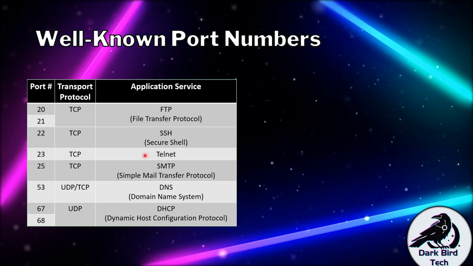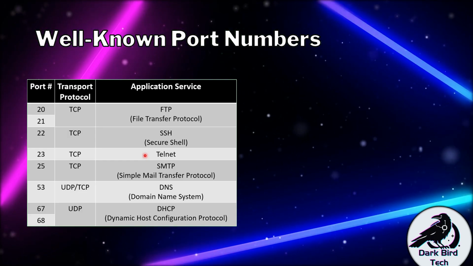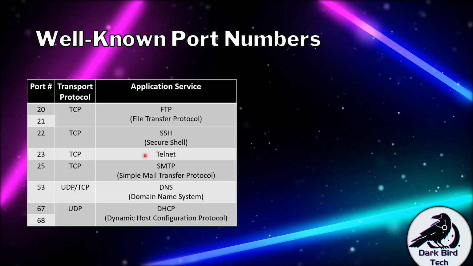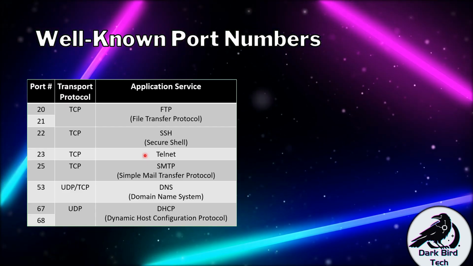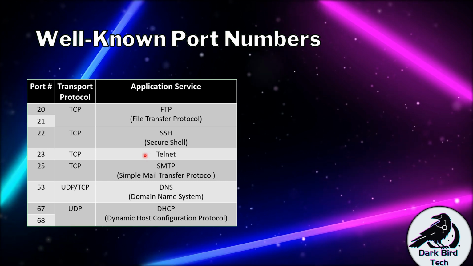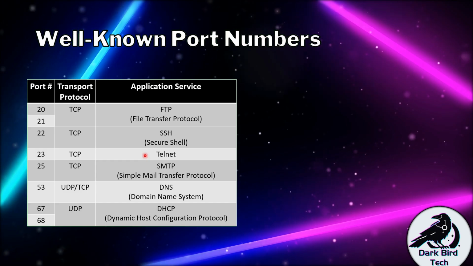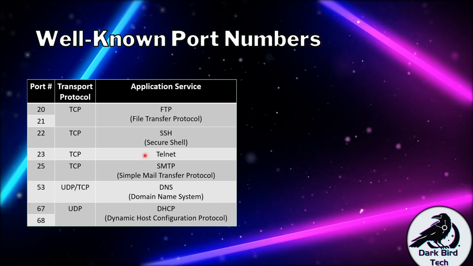But there's a big catch with it. Well, a couple big catches. First one is Telnet does remote command line administration. There's no remote graphical user interface. Everything through Telnet is done through commands. So that means you need to be comfortable with the commands that the system you're remoting into with Telnet uses.